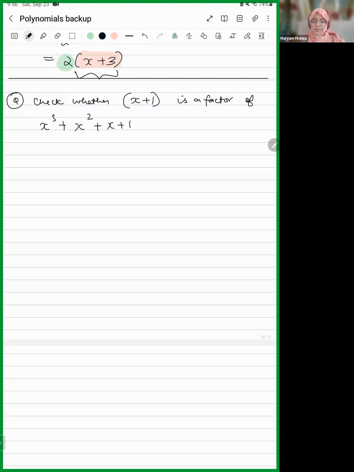What did we see? Okay, this is my p of x, right? This is the factor that you have to check. This is the smaller polynomial. You have to check whether this is a factor of the bigger polynomial. So what do we do in this case now? What do we do from here?